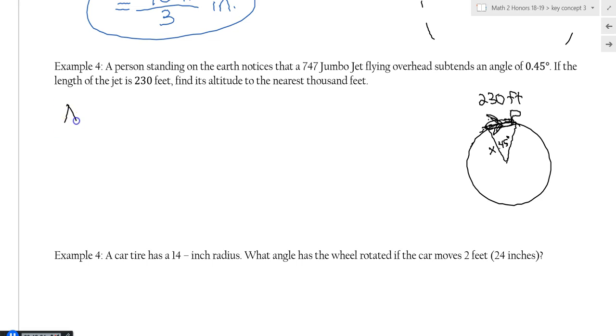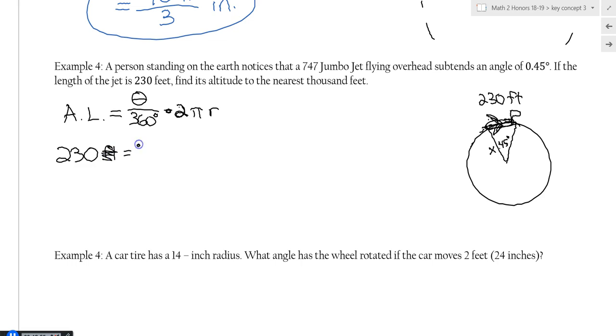So my arc length equals theta for 360 degrees times 2 pi r. So my arc length, we actually know it's 230 feet. We don't need the feet. 230.